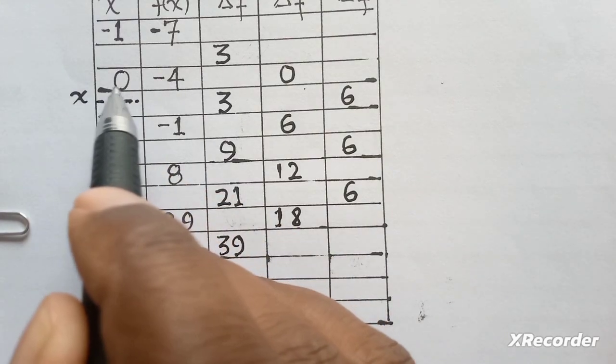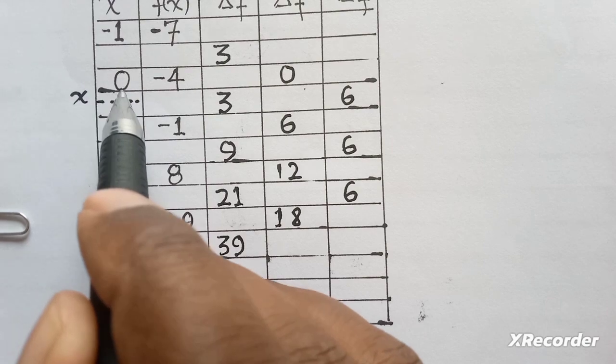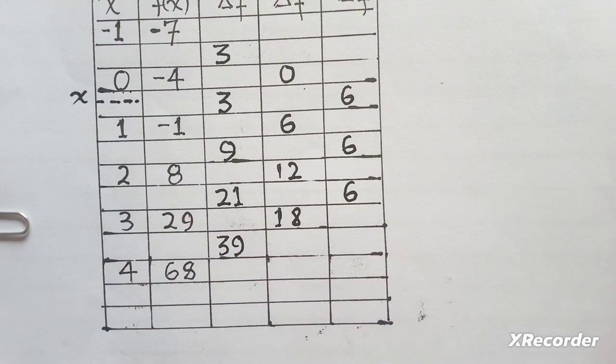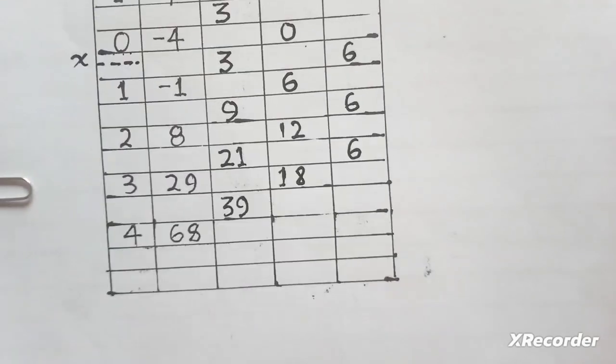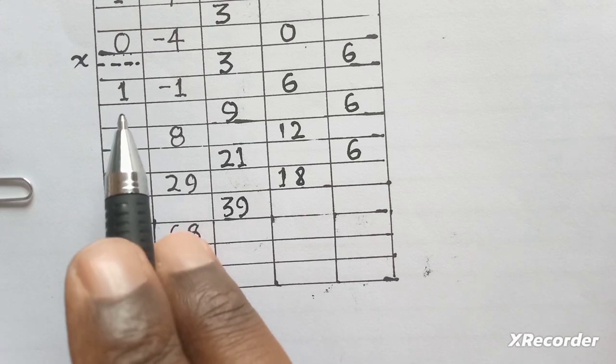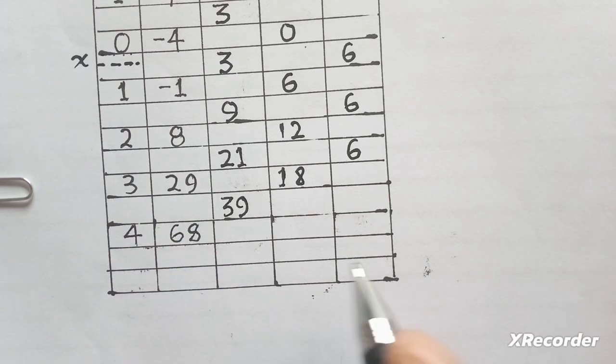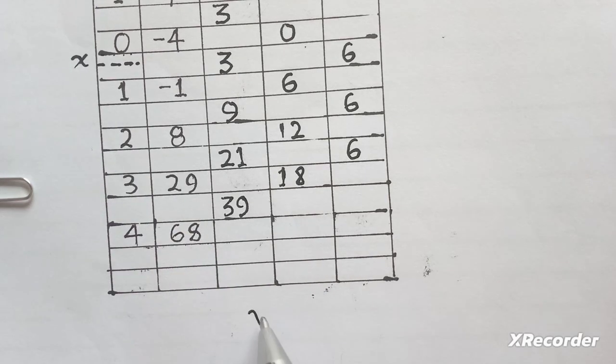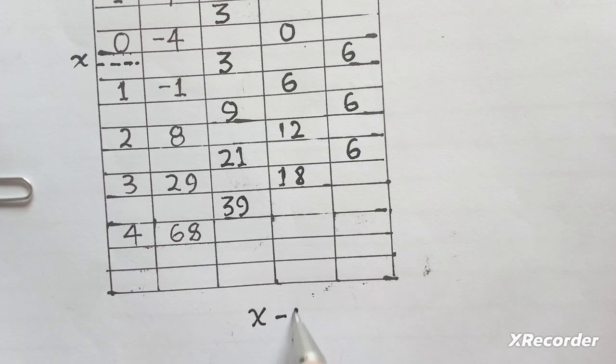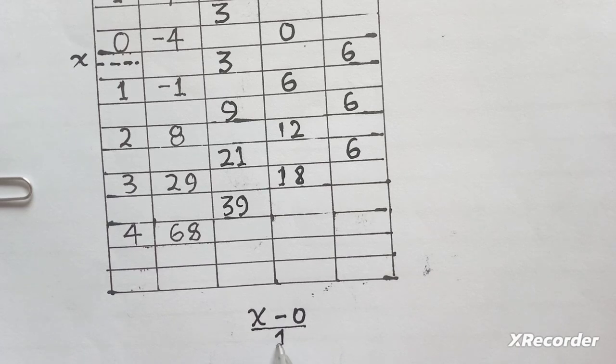Our initial condition is right here. So what we do, we find what X is here. We say X minus 0 divided by 1, so our fraction is X over the range.